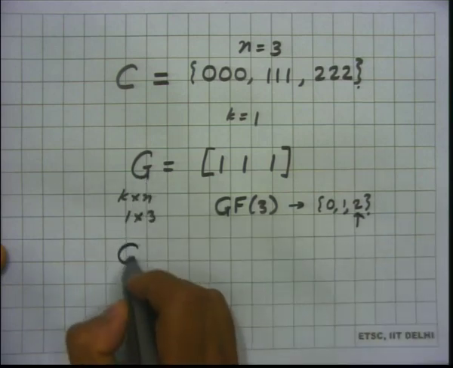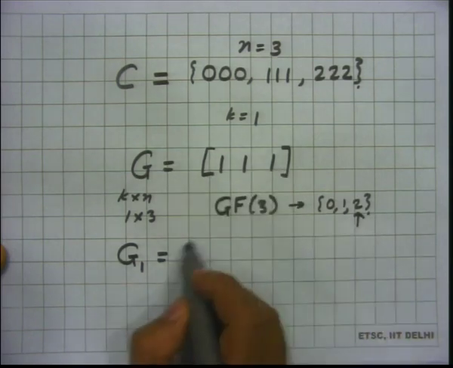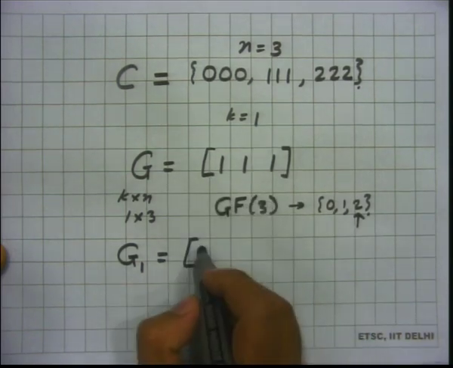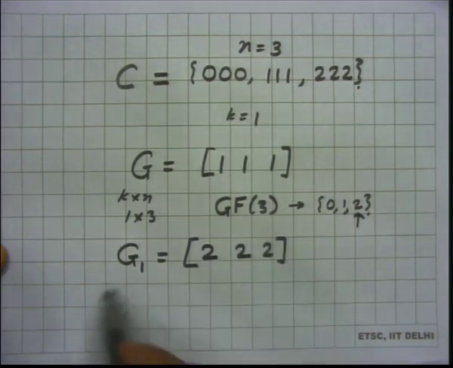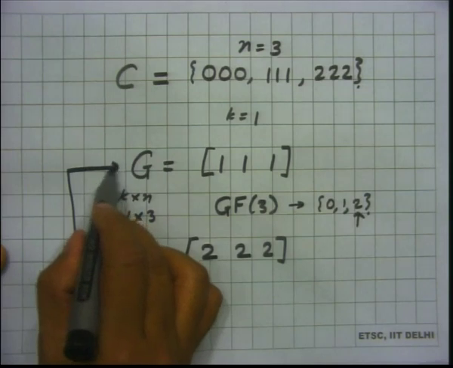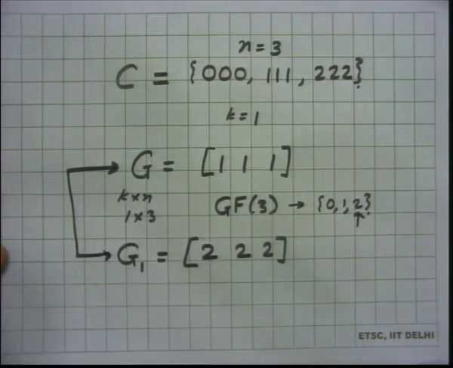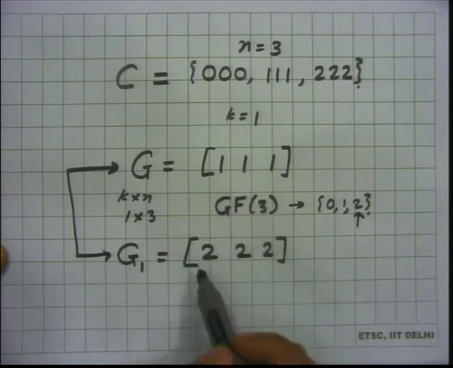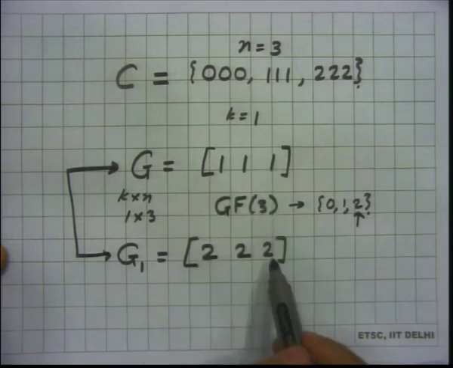So I can get G1, if I multiply this row by 2, I have the multiplication table for GF(3), so I get 2 2 2. Now clearly this is generator matrix 1 and this is the other generator matrix. These two are equivalent simply because I multiplied one of the rows with a scalar.